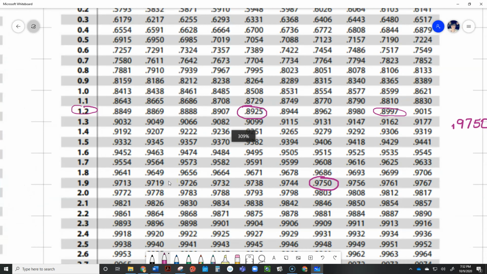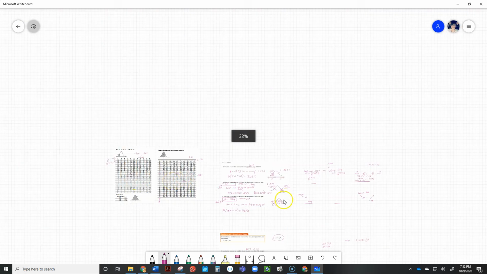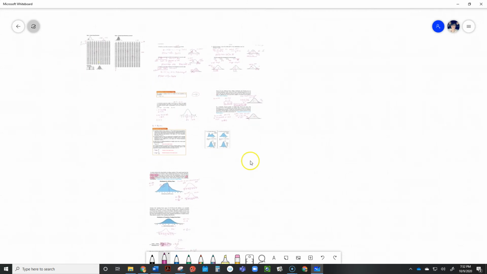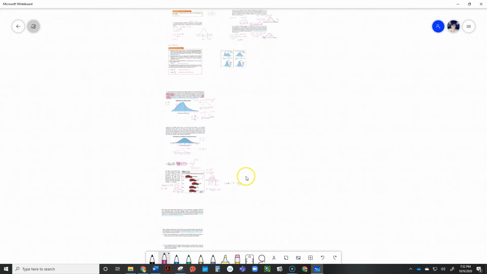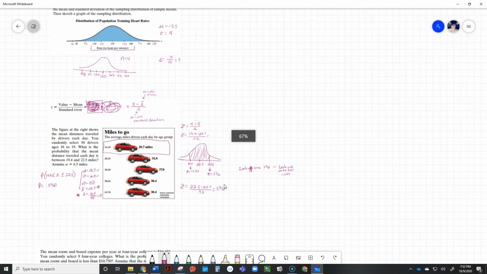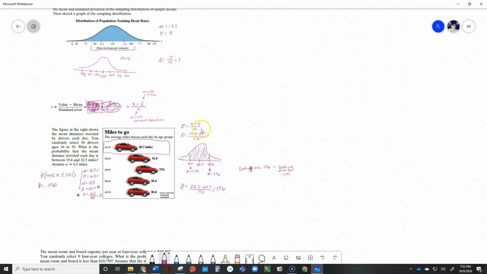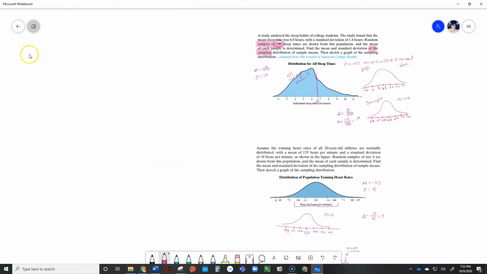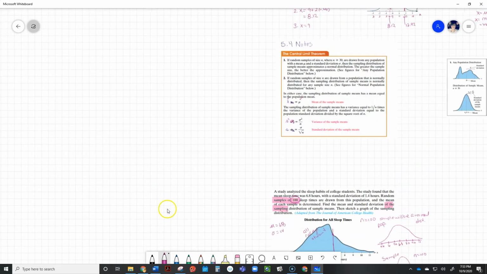I don't remember what my other one was, so I'm going to have to scroll back out and find my problem. There it is, right there. Negative 1.41.